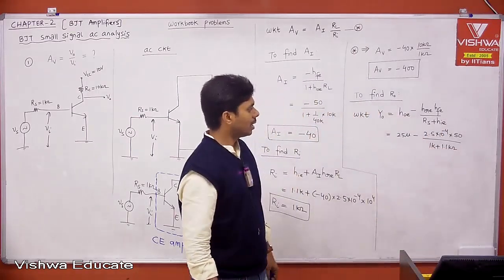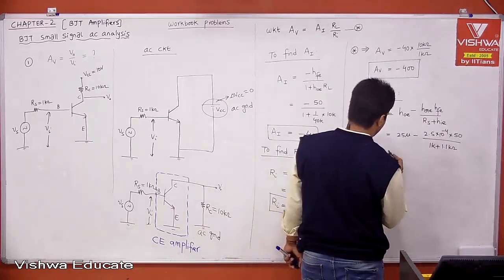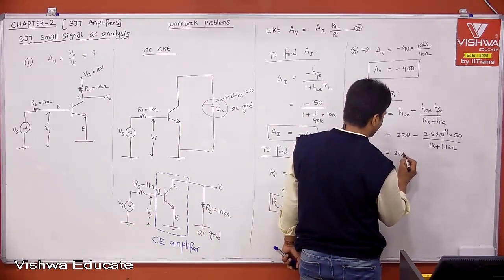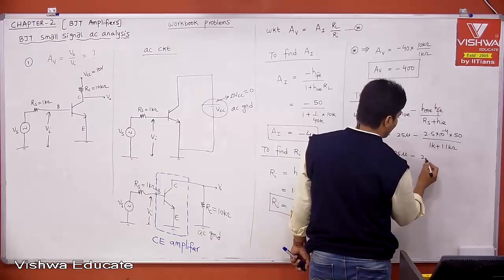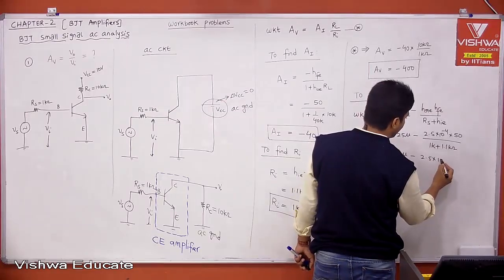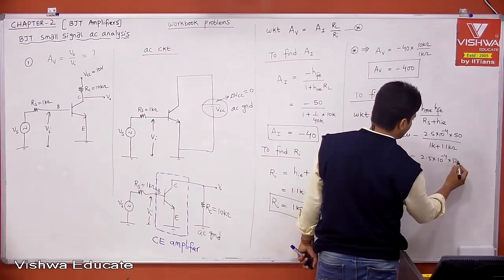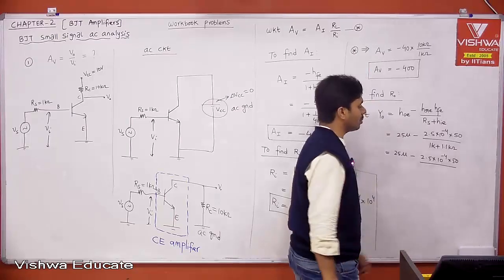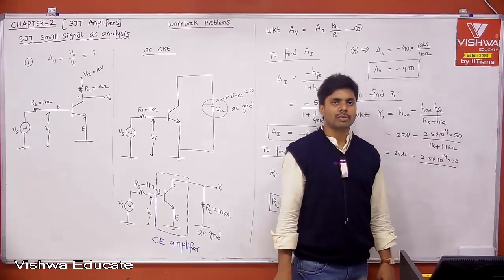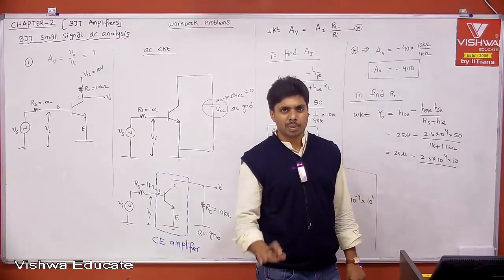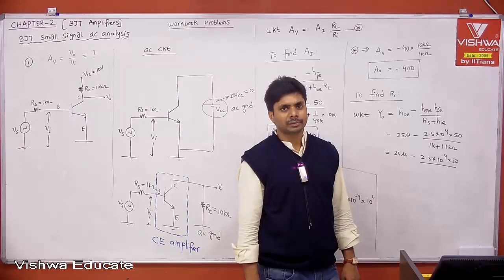Then if you solve, this is 25 micro minus 2.5 into 10 to the power of minus 4 into 50 divided by 1k plus 1.1k, which is 2.1k. Can I write 2.1k as approximately 2k?